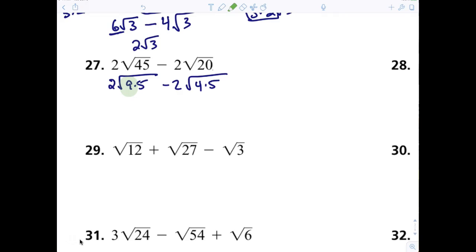So when you multiply 2 and 3, it becomes 6 square root of 5 minus. So the square root of 4 would be 2. So would it cancel out? Negative 2. No, what are we doing? Oh, you multiply. That's right. So multiplying, negative 4 square root of 5. Now look at that. Make sure you're good. And then you have 2 square root of 5. You good with that?